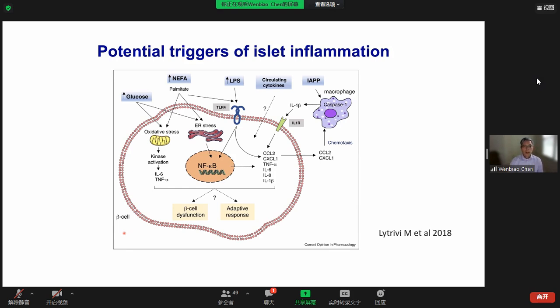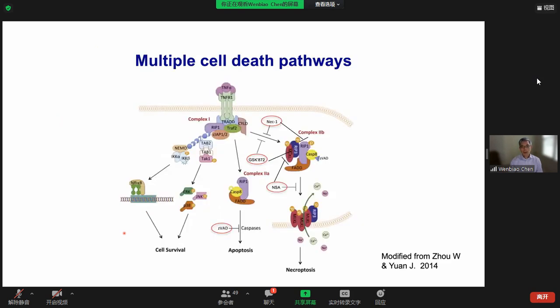However, it's unknown whether beta cell produced inflammatory cytokines are sufficient to induce inflammation, because they are very low in quantity. Because our model does not have resident macrophages, we wonder how islet inflammation is initiated in this model.